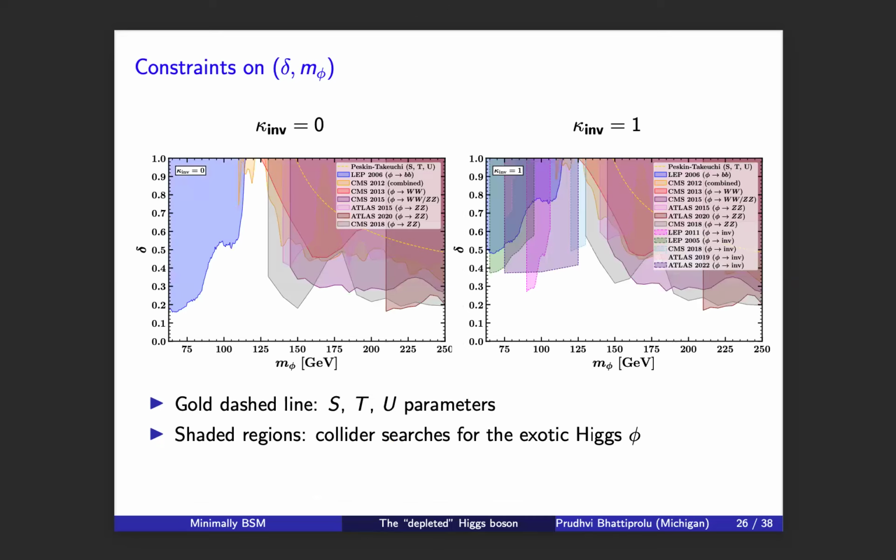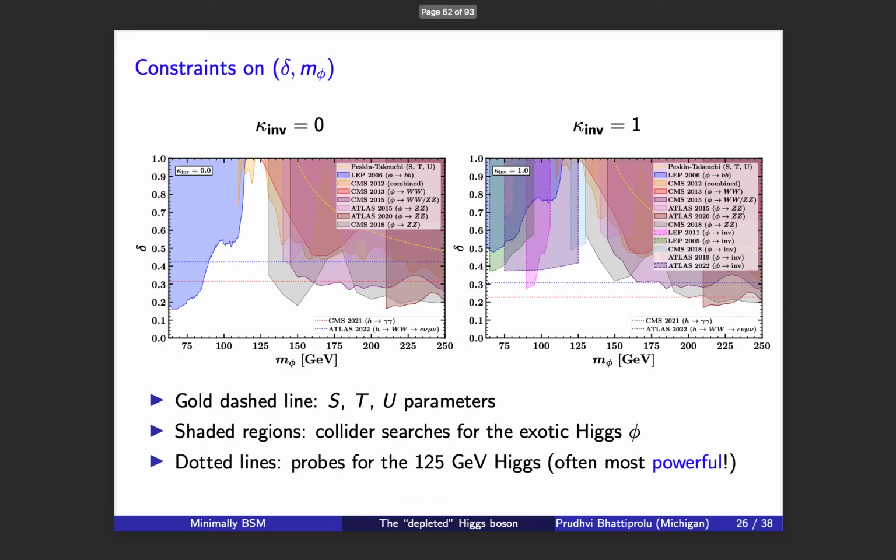And then the shaded regions here correspond to collider searches for the exotic Higgs at LEP, CMS, and LHC. And then finally, the dotted lines here correspond to the precision probes for the observed Higgs boson. And we can see, especially for the large kappa inverse case, that the precision probes for the 125 GeV Higgs are often more powerful than searches for the new Higgs states.